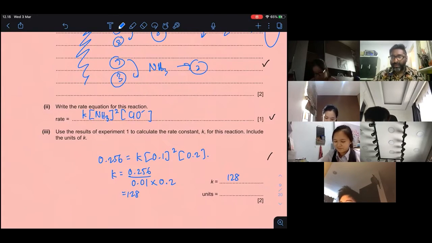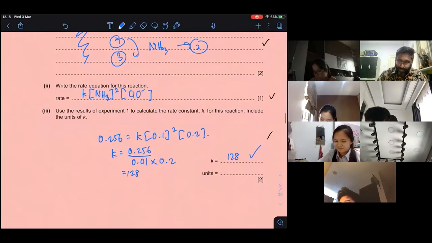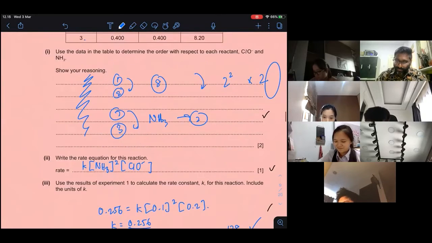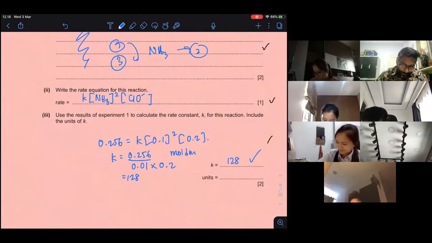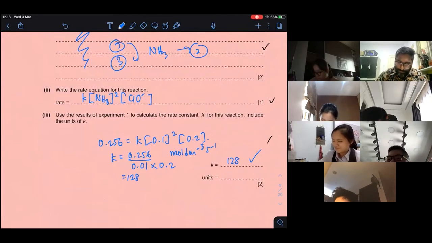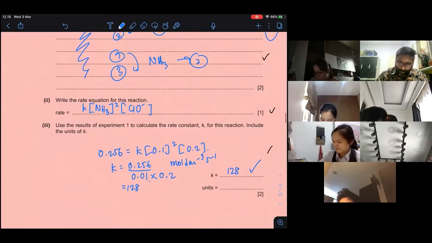This is going to be 128, and then the unit. This is correct. The unit. So this 0.256 is going to be mole per dm cube per second, and this one is going to be to the power of 3.